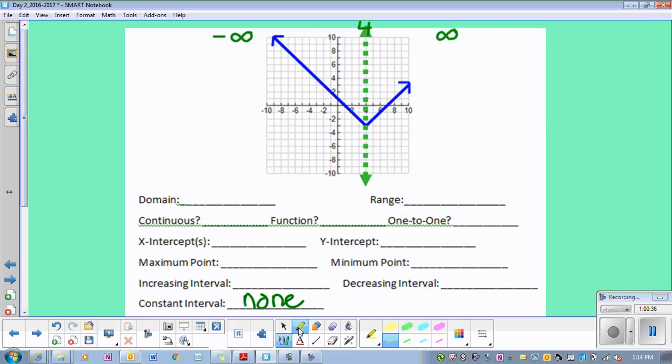Now let's think about what this is doing from negative infinity to 4, from the left to right. What is this graph doing? It's decreasing. Good. So then what is this graph doing from 4 to infinity? It's increasing.